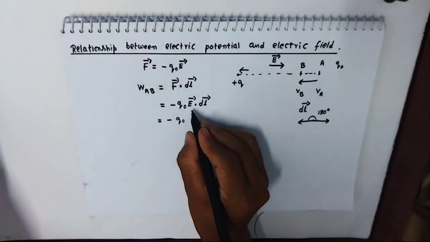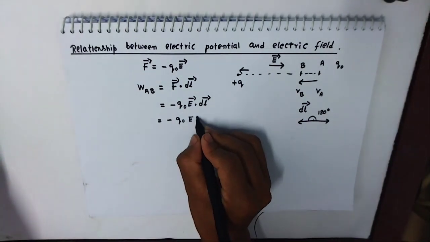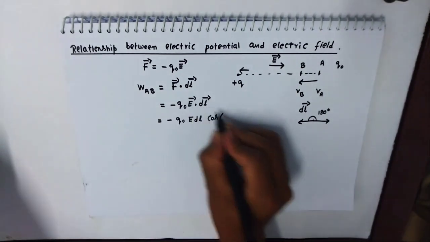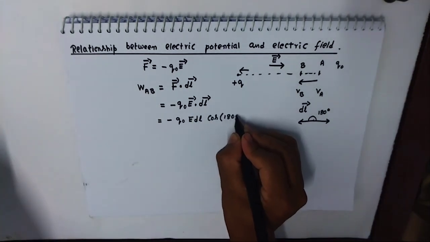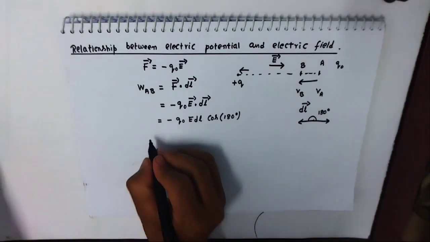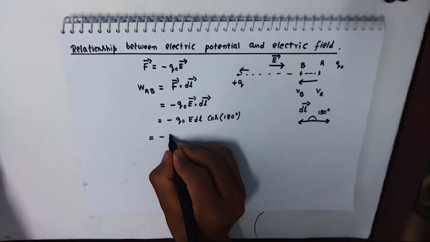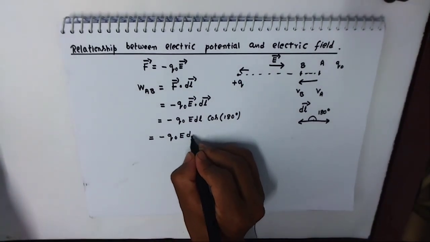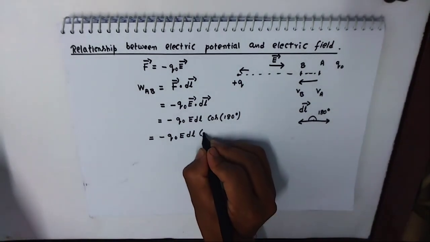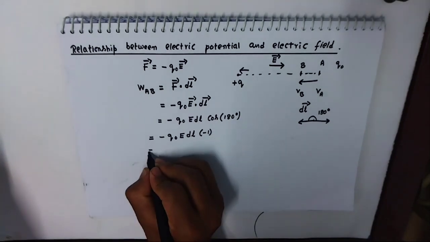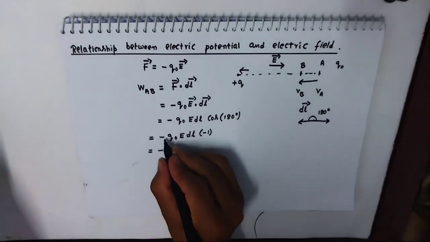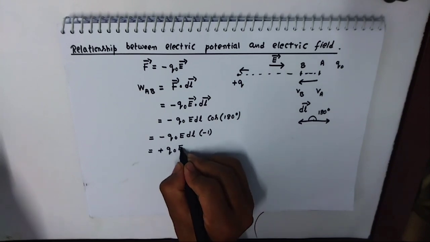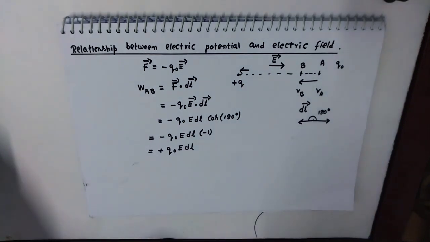So E dot dl is nothing but E dl times cos of the angle between E and dl, which is 180 degree. So this is equal to minus Q naught E dl, then cos of 180 is minus 1. So minus minus becomes plus, so Q naught E dl.